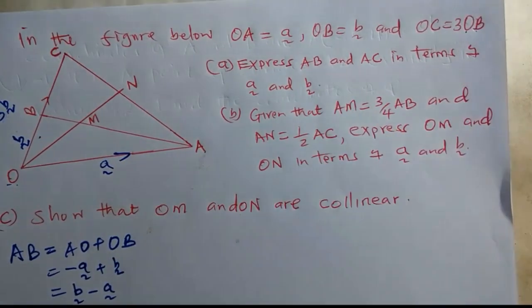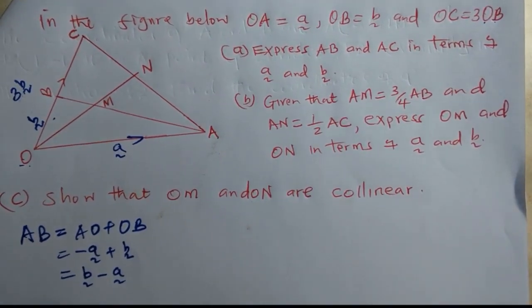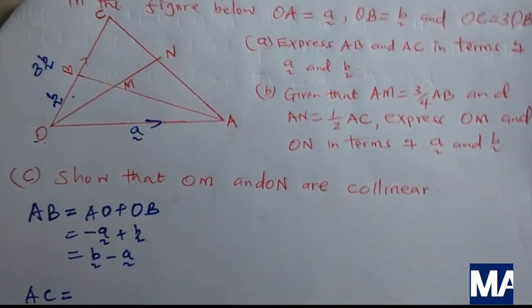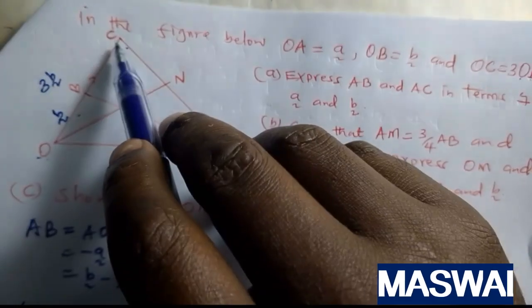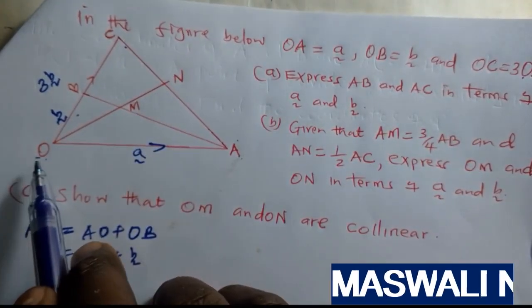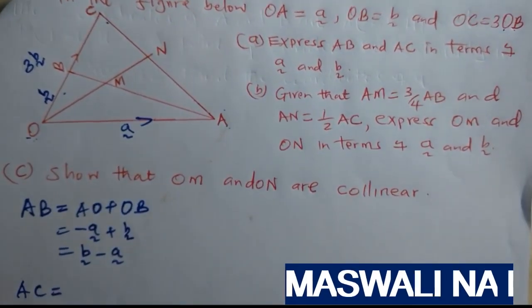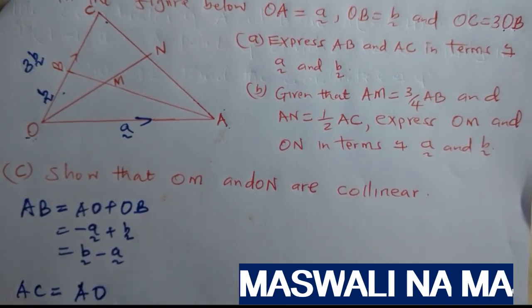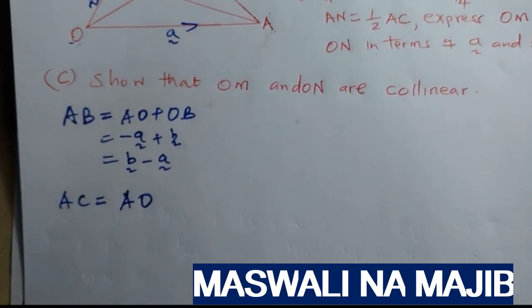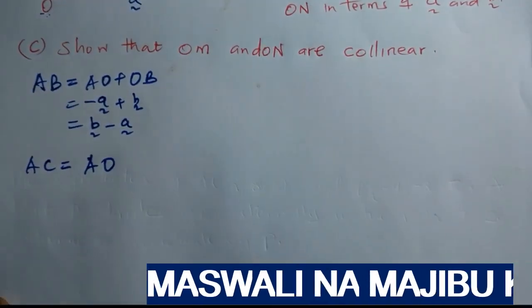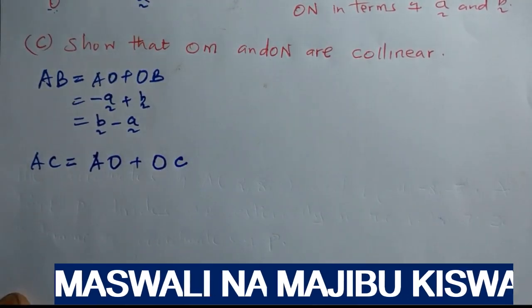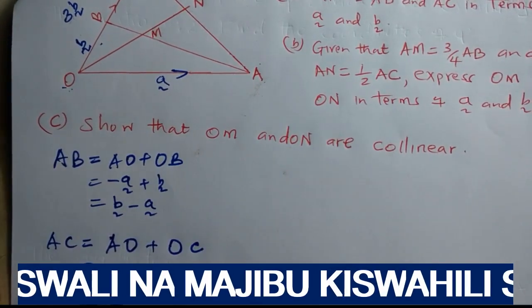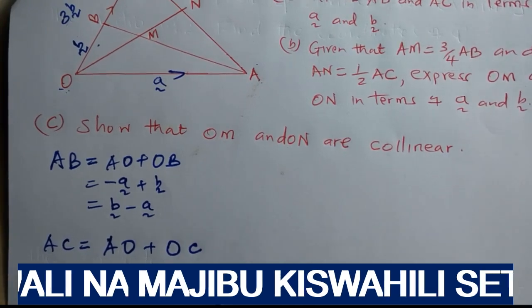Now the next one is vector AC. So how do we get AC? AC is equal to AO plus OC. But we know that AO is equal to minus A plus OC.